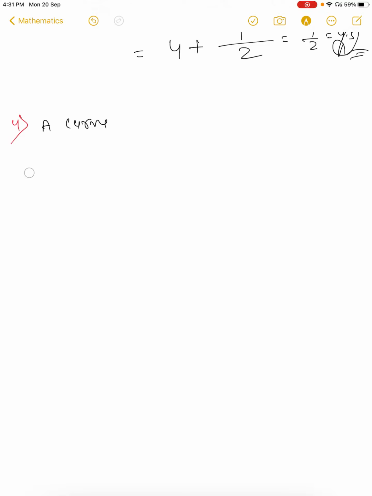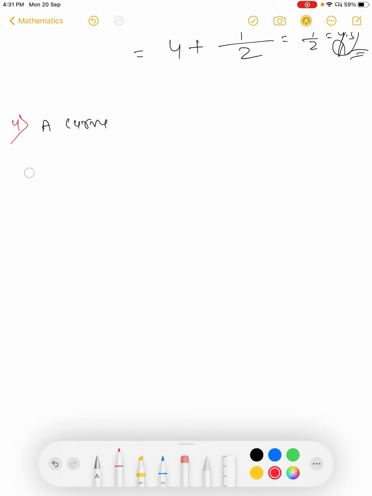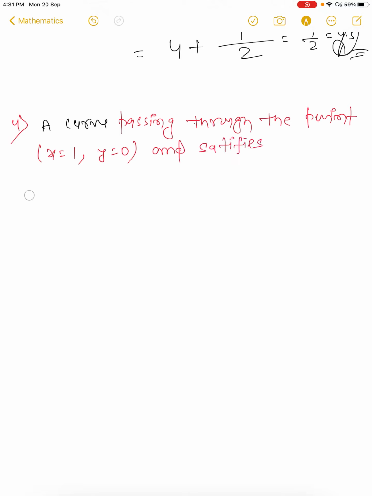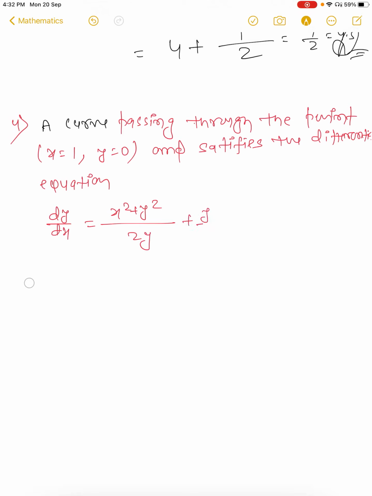A curve passing through the point x is equal to 1, y is equal to 0, and satisfies the differential equation dy upon dx is equal to x square plus y square upon 2y plus y by x.